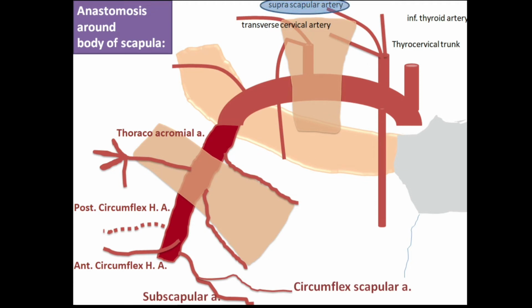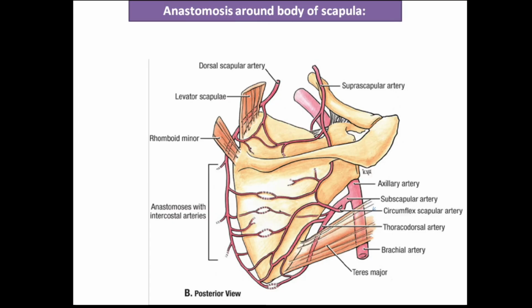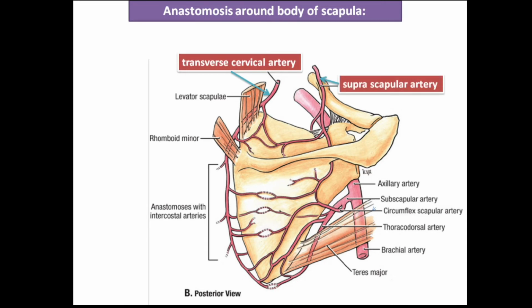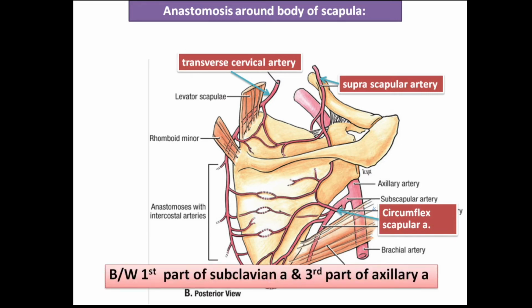Now the anastomosis happens between the suprascapular artery, the transverse cervical artery, branch from the thyrocervical trunk, and circumflex scapular artery, branch from the subscapular artery. So anastomosis around the body of the scapula occurs between transverse cervical, suprascapular and circumflex scapular artery. So it happens between the first part of the subclavian artery and the third part of the axillary artery.